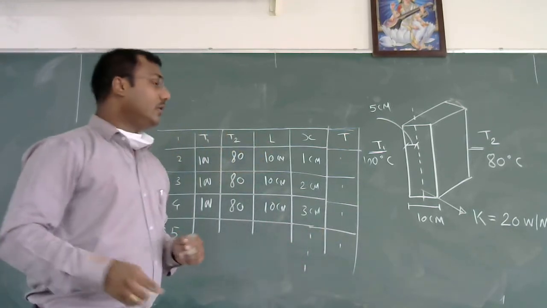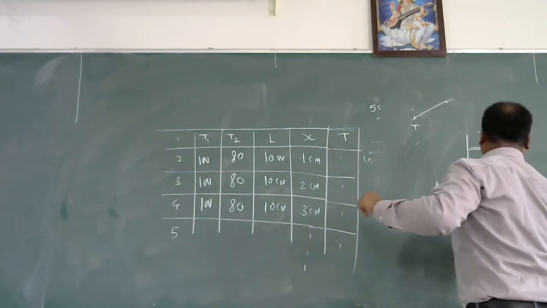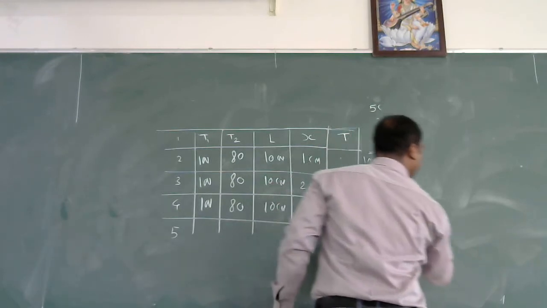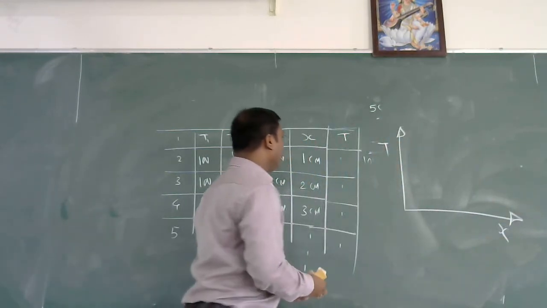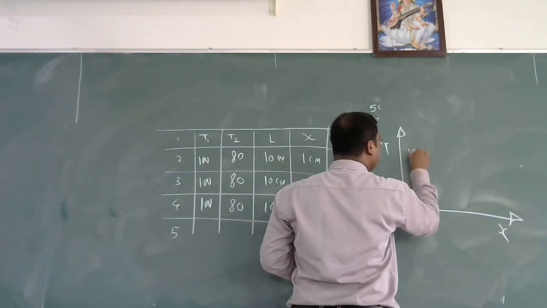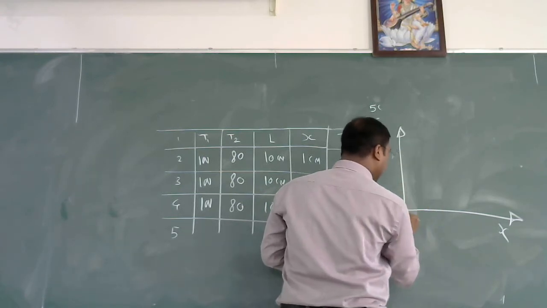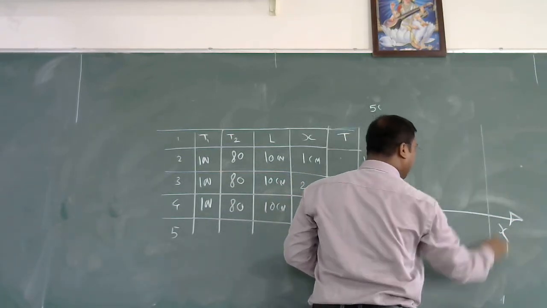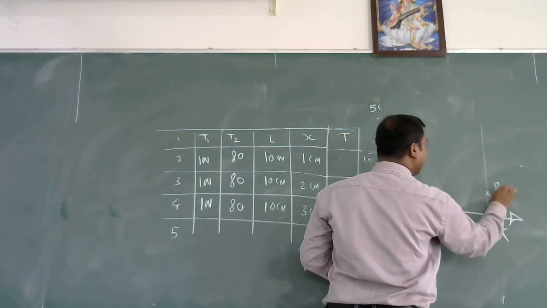Now, if you try to plot these values on the graph paper, you need to plot the different values of T against x. The very first value will be 100 degrees Celsius at x equal to 0. Then somewhere here, if this is x equal to L, say 10 centimeter, this value is 80 degrees Celsius.